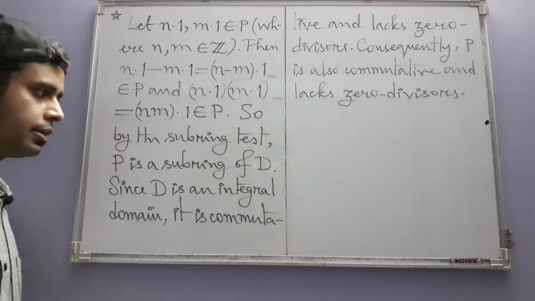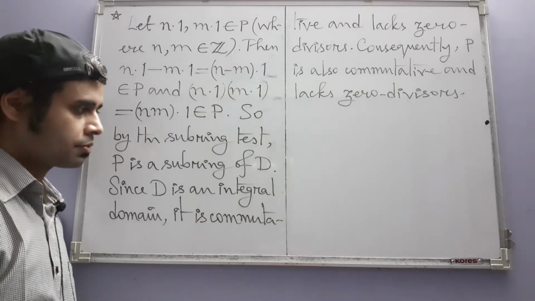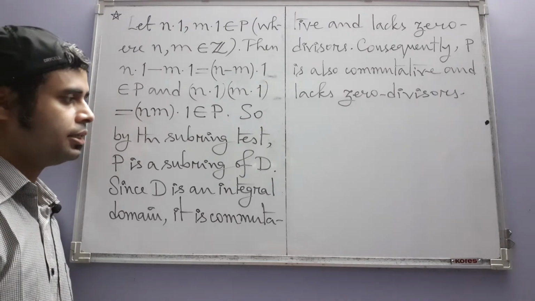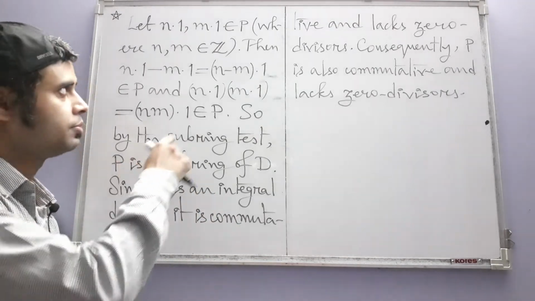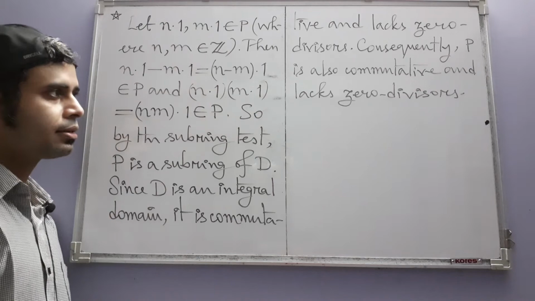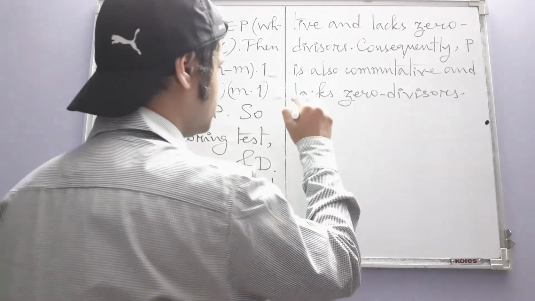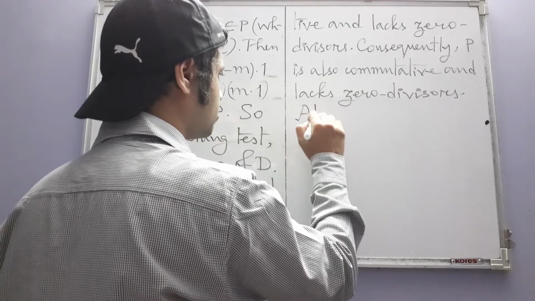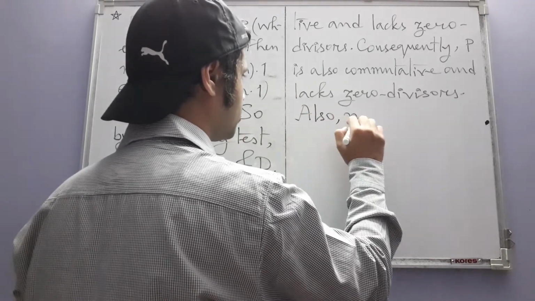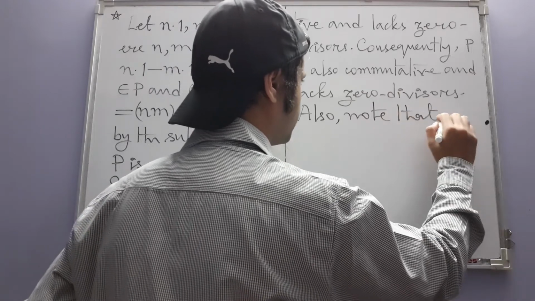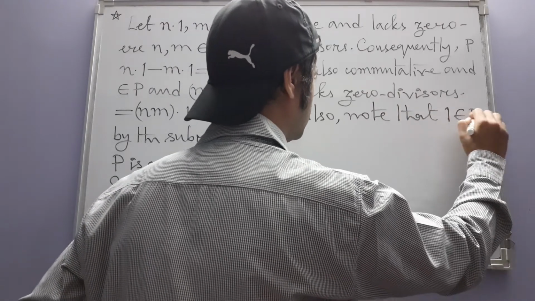Fine. Is there anything else? Yeah. Of course, we also have to show that the unity in D, that is 1, is in P, but that is evident from the definition of P itself. Also, note that 1 belongs to P.